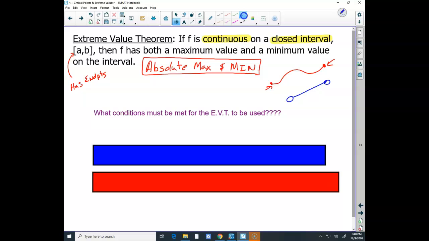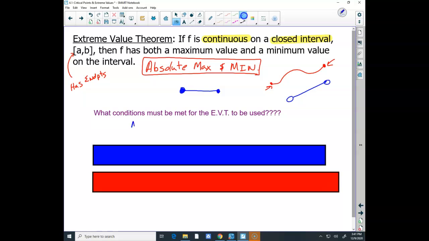Don't forget, even if it's a constant function and the interval is closed, there does exist an absolute maximum and minimum on there. It just so happens the absolute maximum and absolute minimum are the exact same value, but they're still there. So what conditions need to be met?